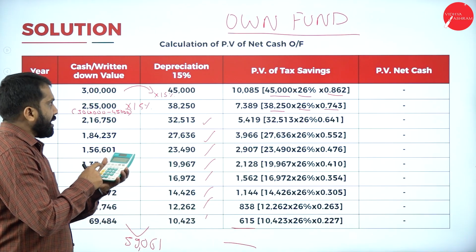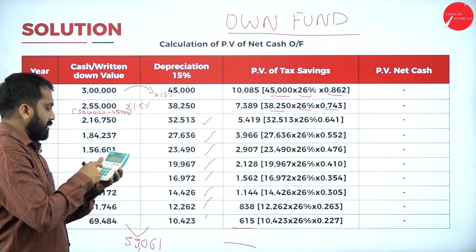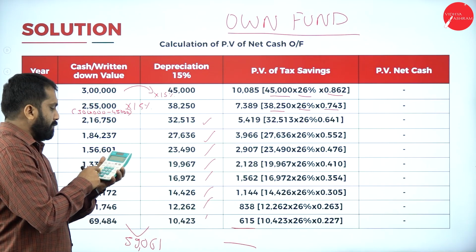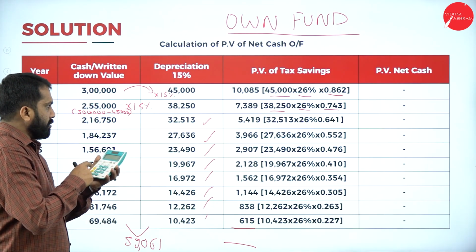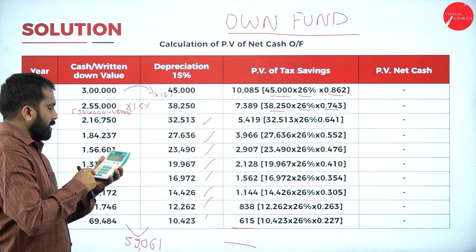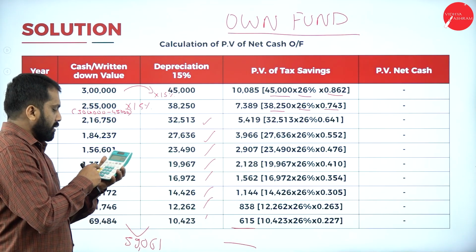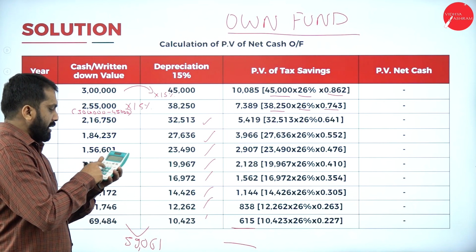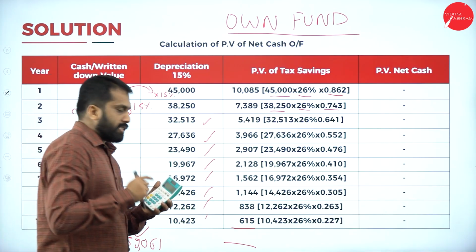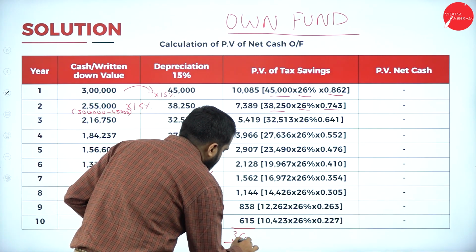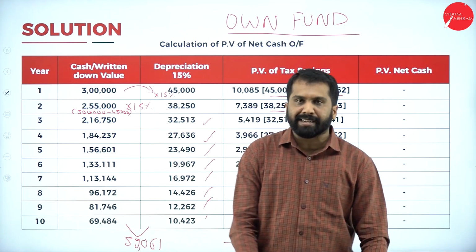It will be 10,085, 7389, 5419, 3966, 2907, 2128, 1562, 1144, 838, 615. I got 36,053. This is your answer, your tax saving.